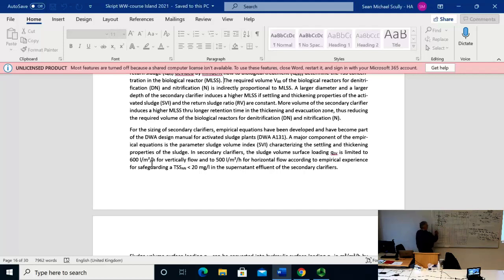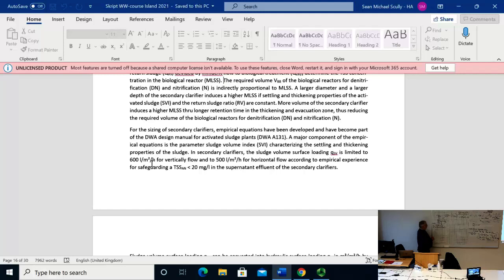We have a sludge volume, that's Q_Zn, the inflow to the secondary clarifier, and this is equal to Q_ZB plus Q_RS. Then we have a sludge volume of 503 milliliters of sludge per liter.